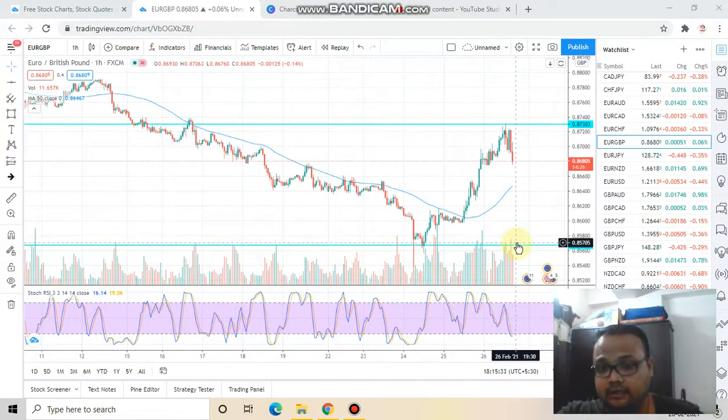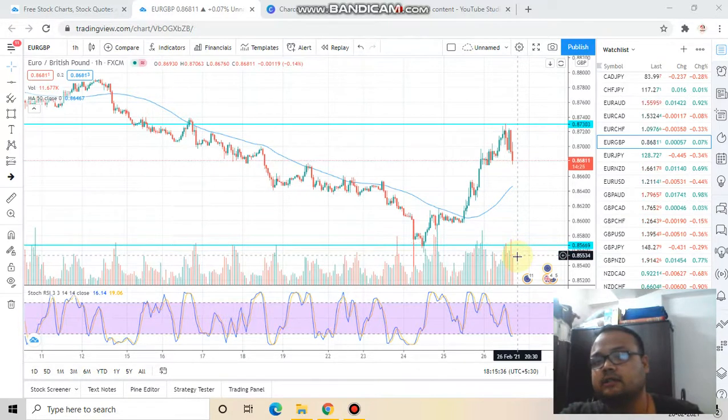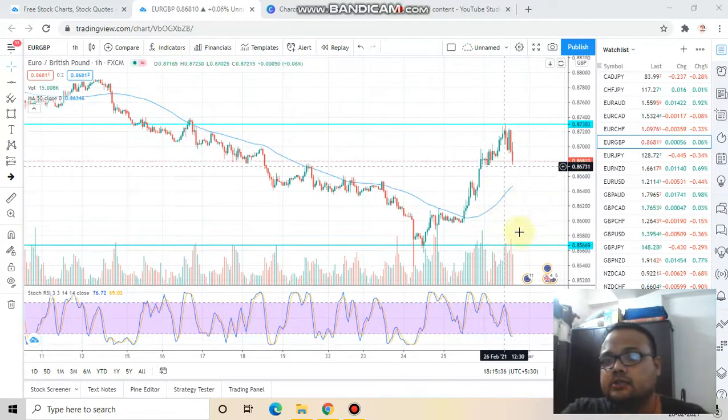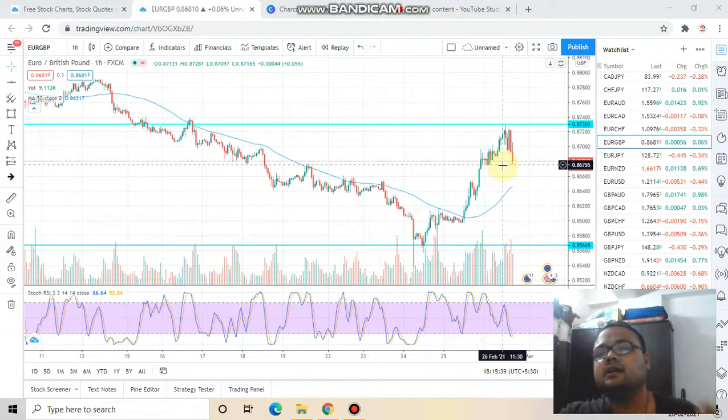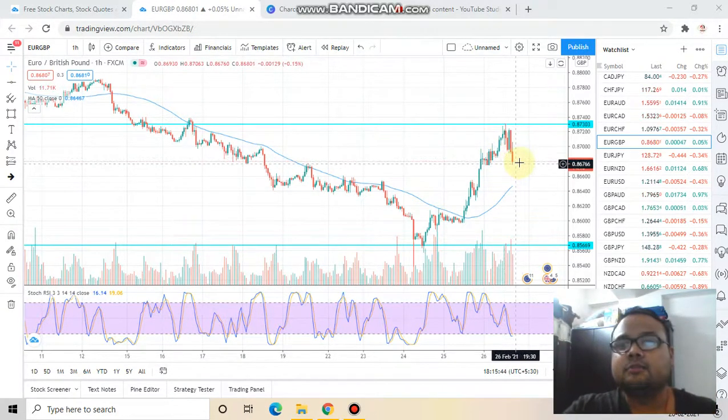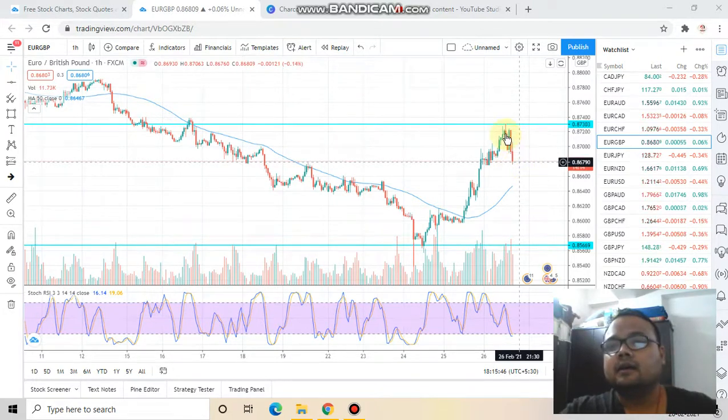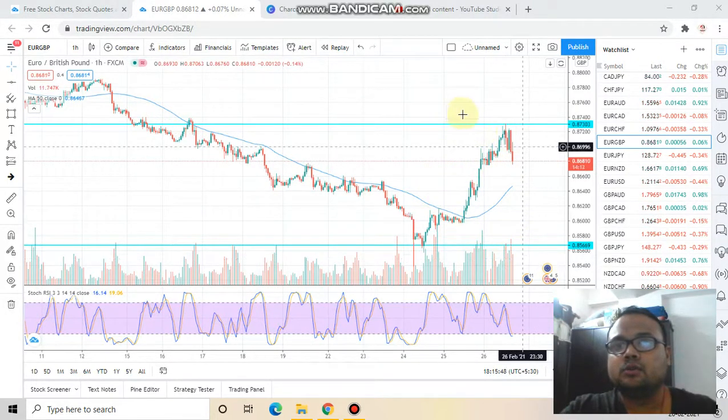I will tell you not to short below this level. If you are a risk taker, if you've got a good risk appetite, you can short the market here also, but I won't recommend it. For me, this is the no trading zone.